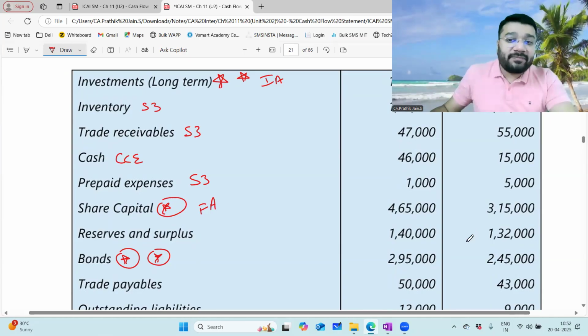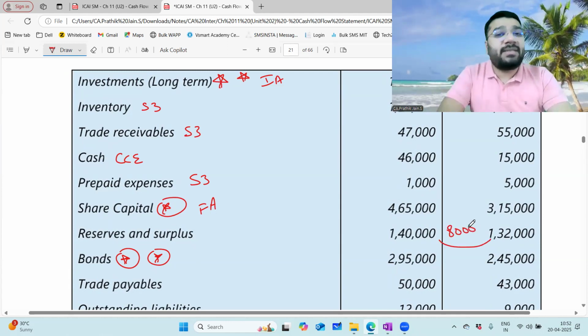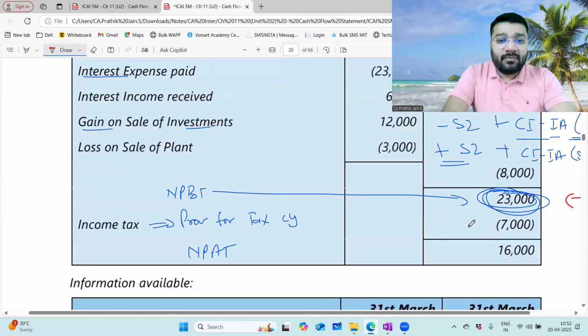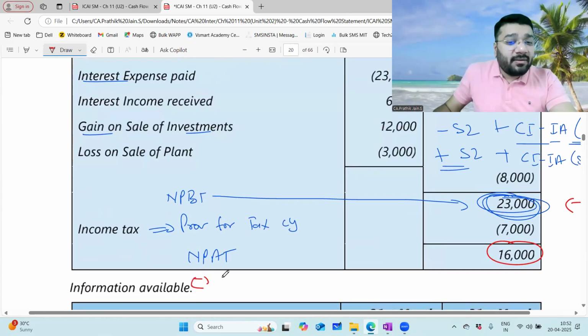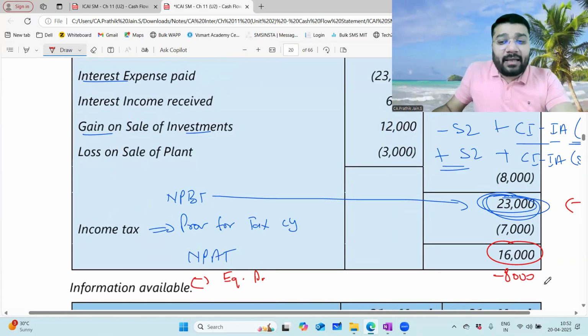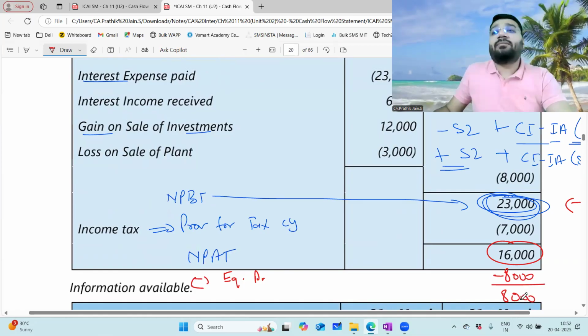What is the difference? 8,000, which means the current year surplus is 8,000. Net profit after tax is 8,000. Which means from this, equity dividend 8,000 is subtracted and the balance surplus is 8,000.